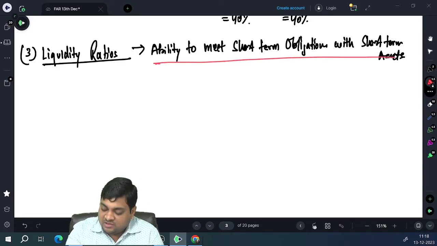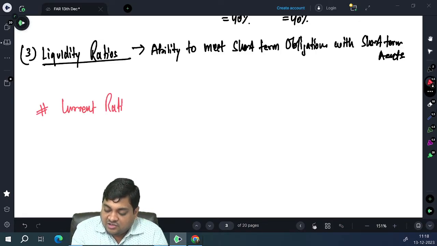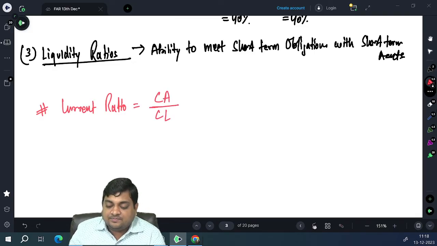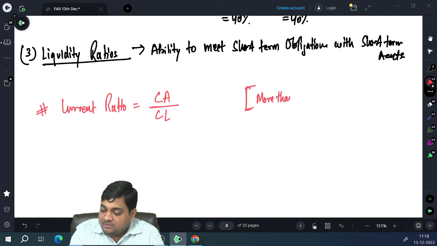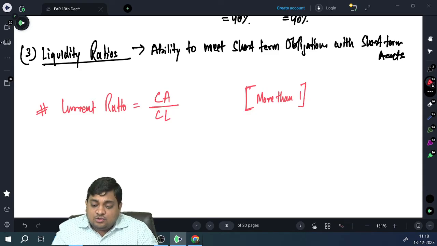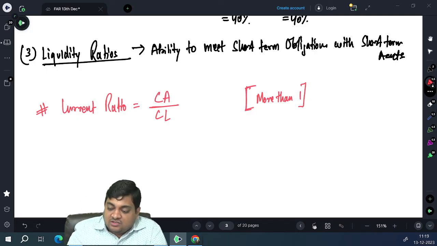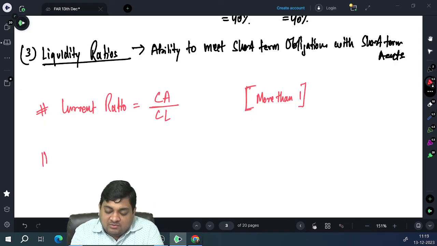Now this is the ratio which many of you have done in your +2 level, right? So we have the current ratio. Basically it is the relationship between your current assets and current liabilities, and generally it should be more than one, right? Preferably more than one. In India, the standard current ratio is 2. If you have a current ratio of 2, it symbolizes that you will be able to meet your short-term obligations, right? So generally it has to be more than 1.